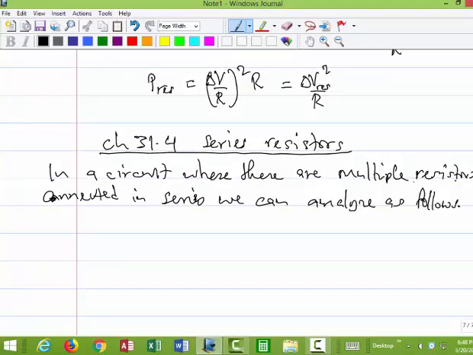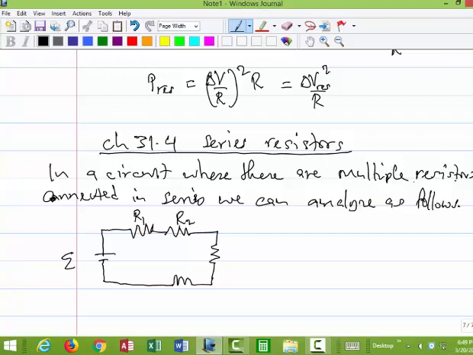So let's say that we have a battery like that, and then we have several resistors like that. I'm going to use E again. This is R1, R2, R3, and R4. So we take a current going this way, we call it I, and apply the loop rule again.